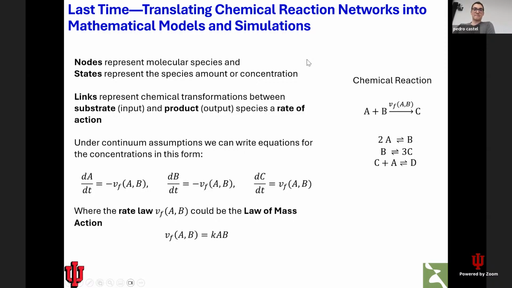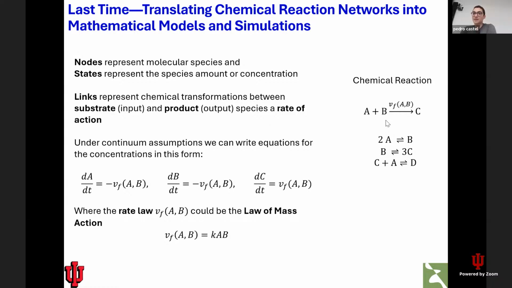So we saw that chemical reactions can be represented as networks, and we can represent these chemical networks as mathematical models, such as ordinary differential equations. Are you all familiar with these things here? What about you, Niraj? Yeah. Okay.